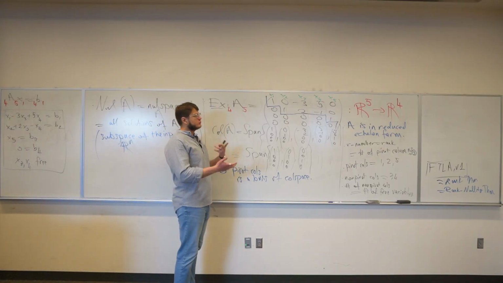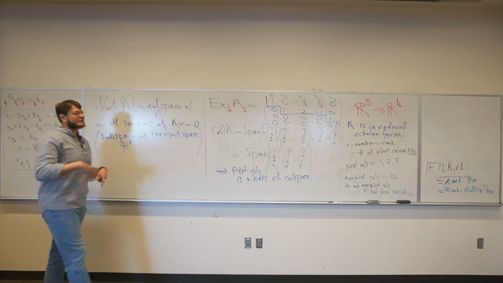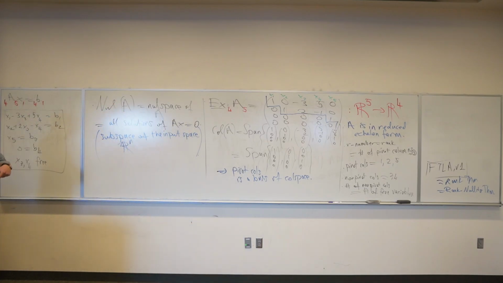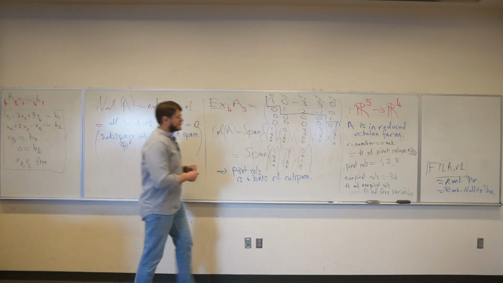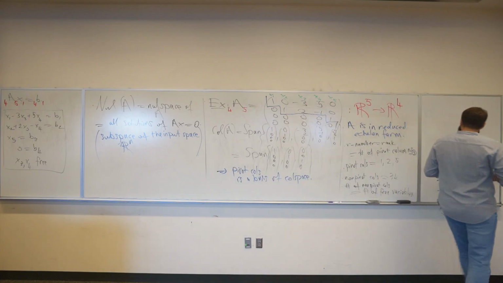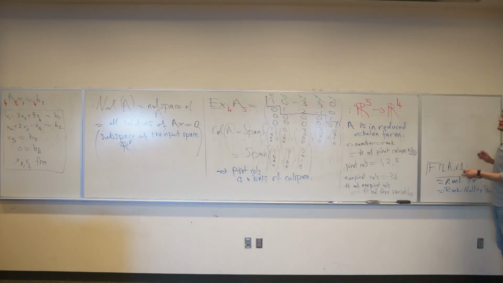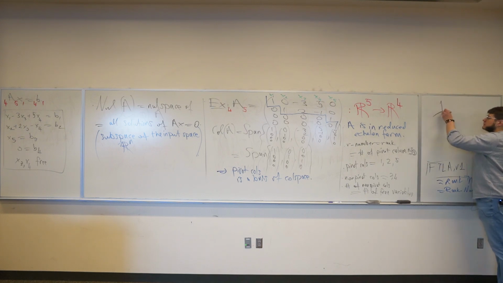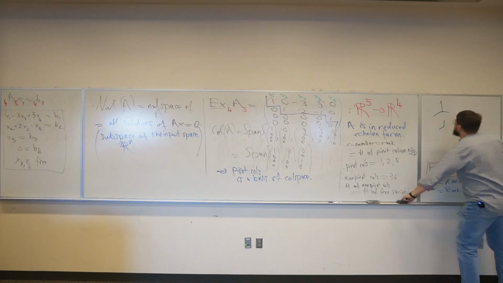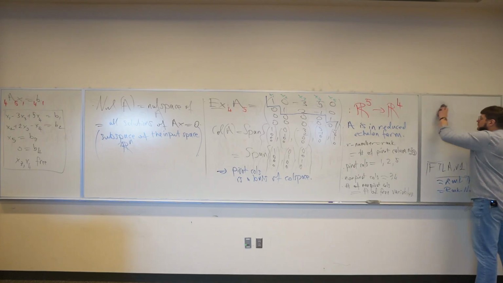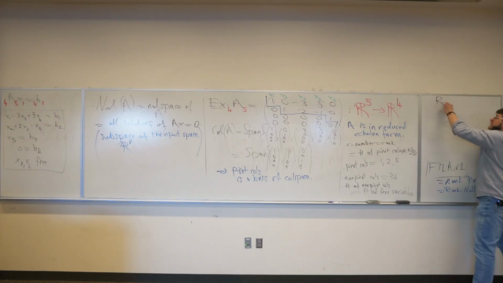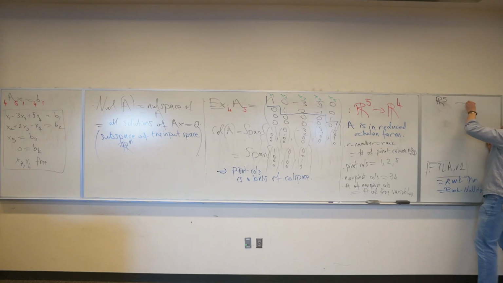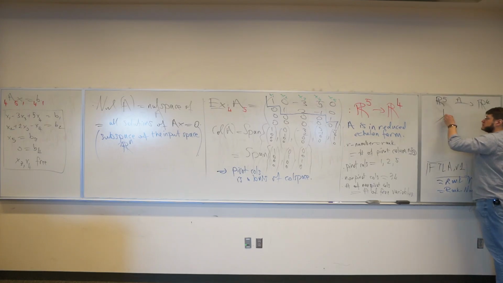One method would be using something like a heat map to describe the values of certain components. But I don't really have access to many colors. So what I'm going to do is, for R5, think of one 3-dimensional space and one 2-dimensional space. So this is R5, and this is R4.